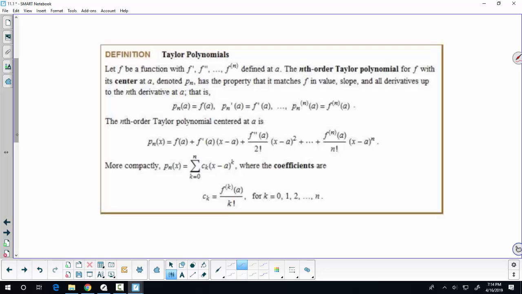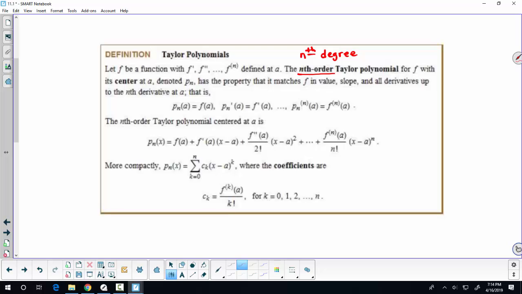This is the nth order Taylor polynomial. Sometimes it's nth degree. This depends on the textbook. They're usually used interchangeably.